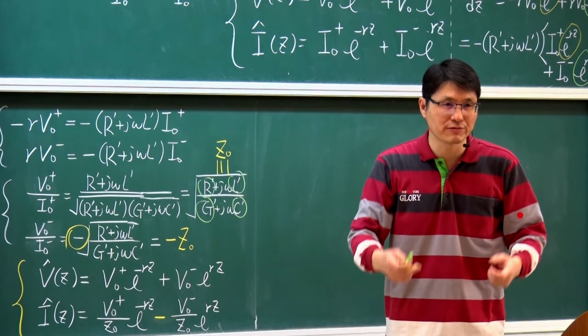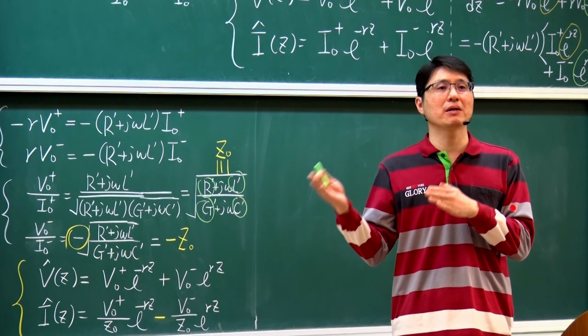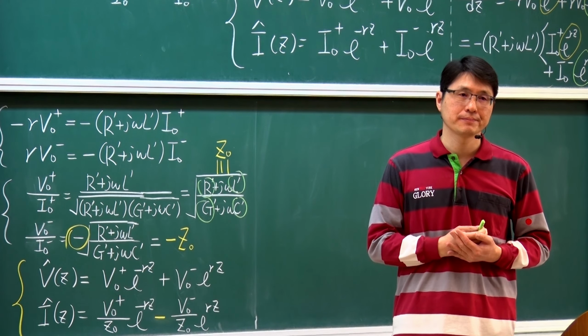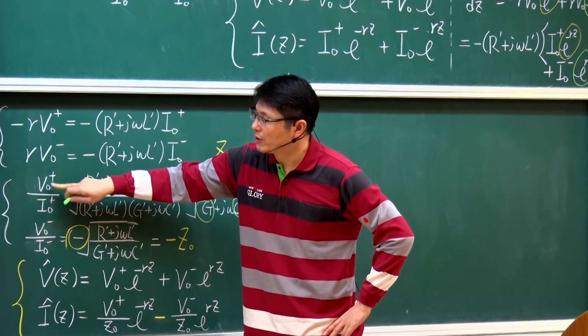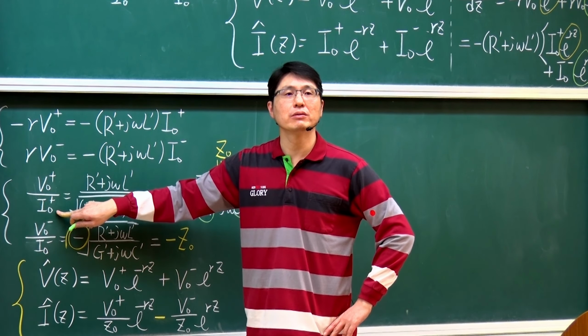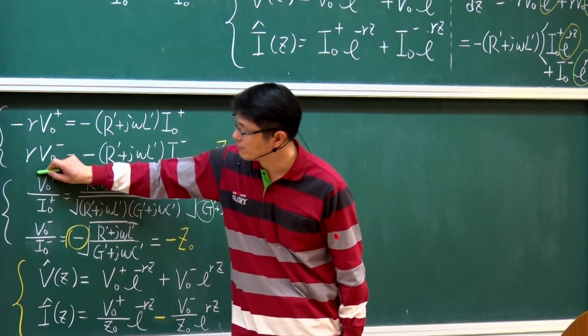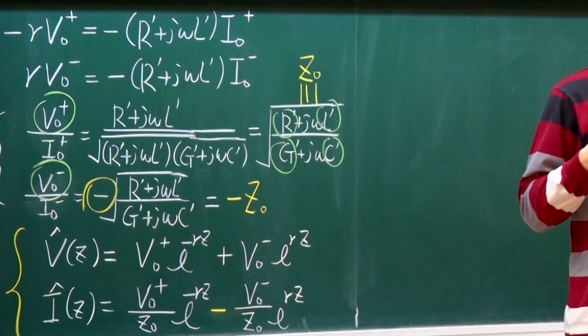Z0 is probably provided for you, and gamma is probably provided for you. Once you know gamma and Z0, you know basically everything for a transmission line. And if you know the voltage amplitude, you know the current amplitude. So you only have the voltage amplitudes remaining to be solved.